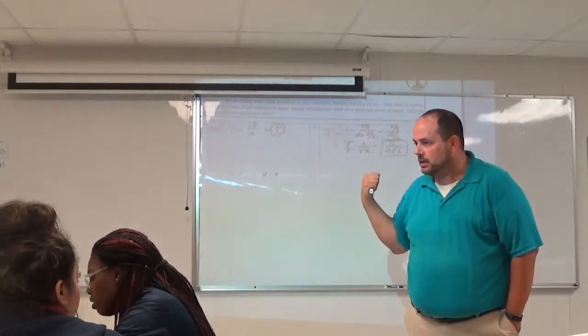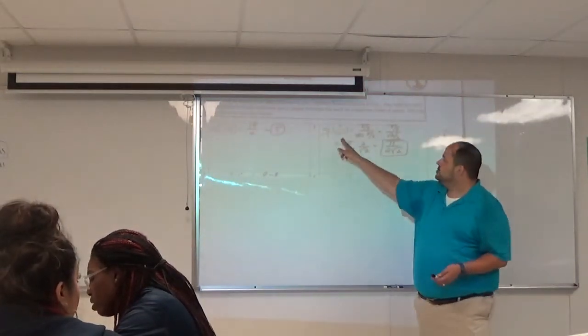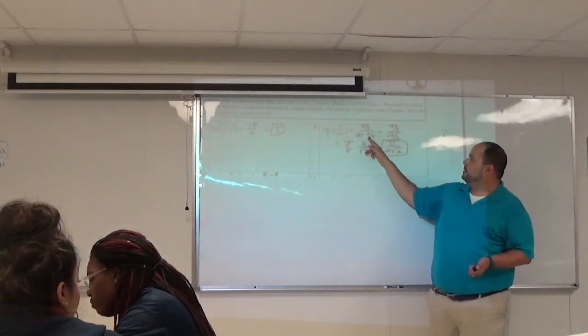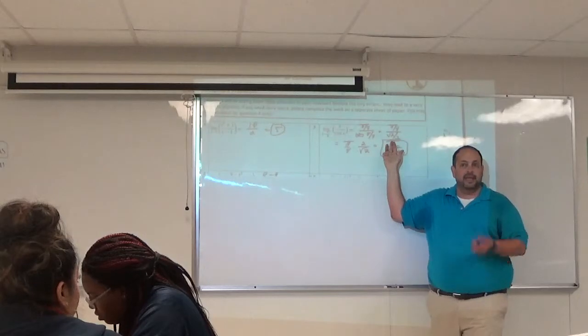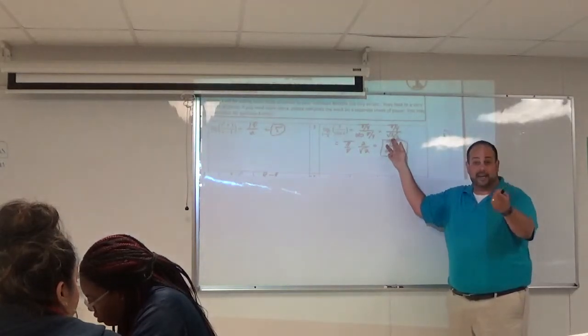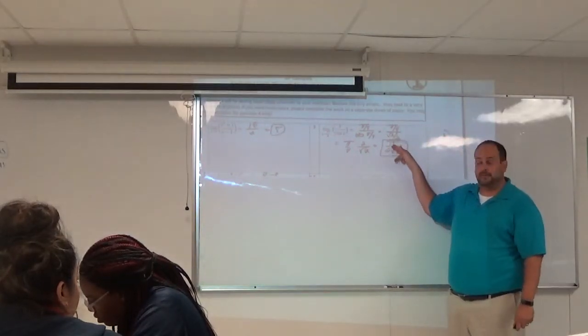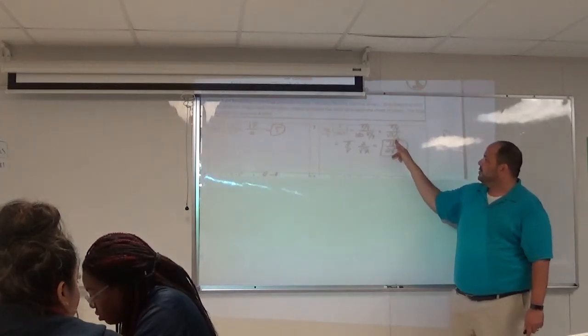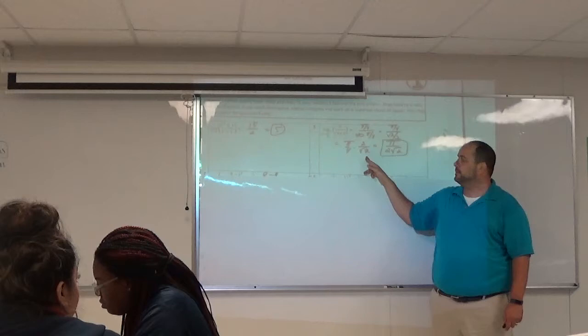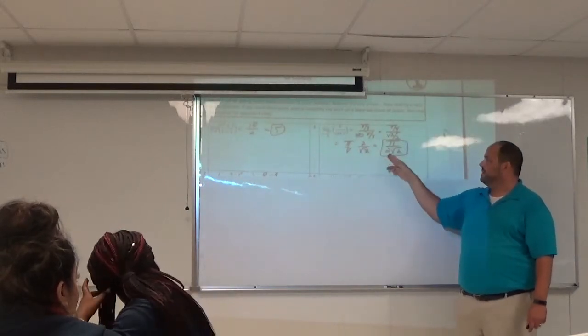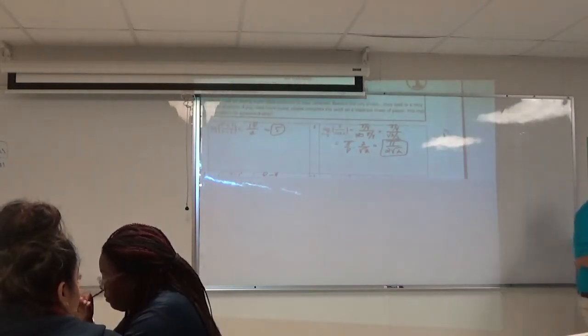So it's okay to just do direct substitution. Cosine of pi over 4, you can go to the unit circle and it's square root of 2 over 2. And then it's happening again, Delia. Keep it, change it, flip it. Pi over 4 divided by square root of 2 over 2 is pi over 4 times 2 over the square root of 2. And then I think I reduced and I got pi over 2 square root of 2.